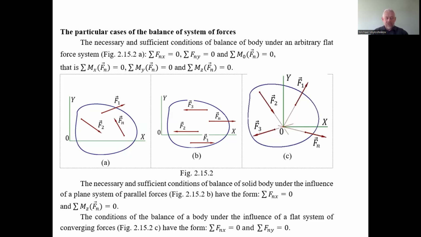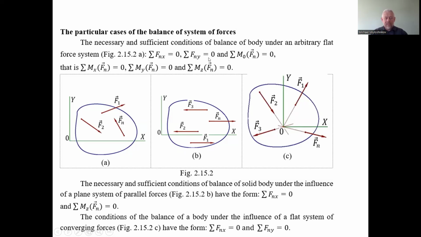So the necessary and sufficient conditions of balance of a body under an arbitrary flat force system, on the indicated example in figure 2.15.2a, are that the totals of the projections of all acting forces on the abscissa axis and on the ordinate axis have to be equal to 0, as we do not consider the applicate axis.